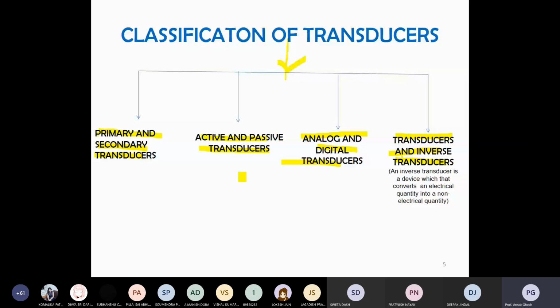Due to protection issues, if you directly place the transducer at the actual position of your physical quantity or parameter, it may cause damage to your transducer. That's why you have to put the transducer at a certain distance, meaning after certain stages. That's why it is a secondary transducer.